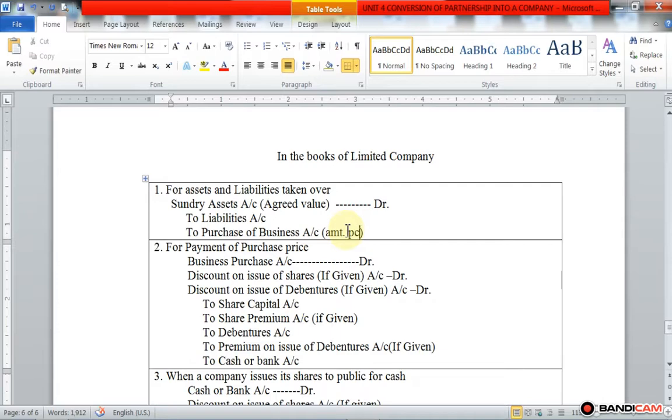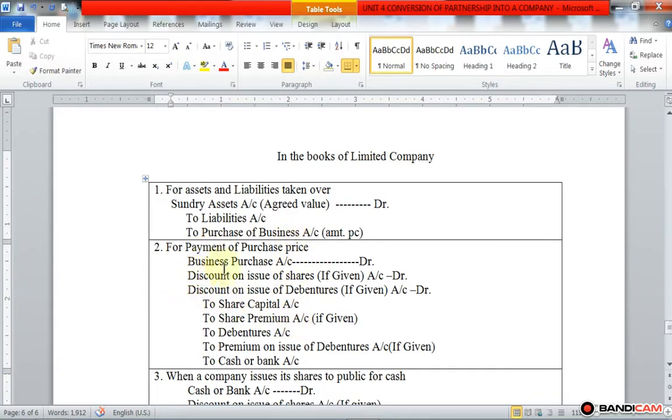Then the second entry is for payment of purchase price. Business Purchase Account debit. Here the payment is in the form of shares, debentures, whatever.